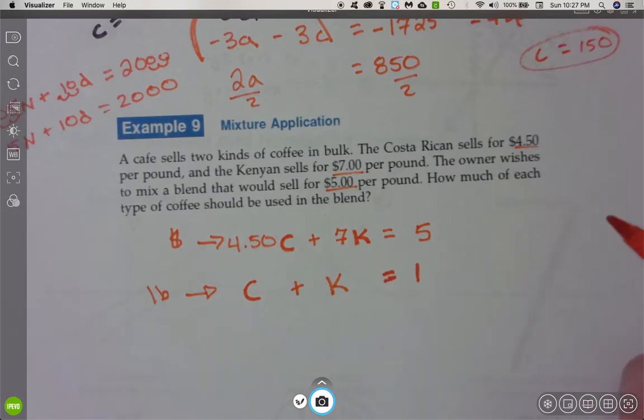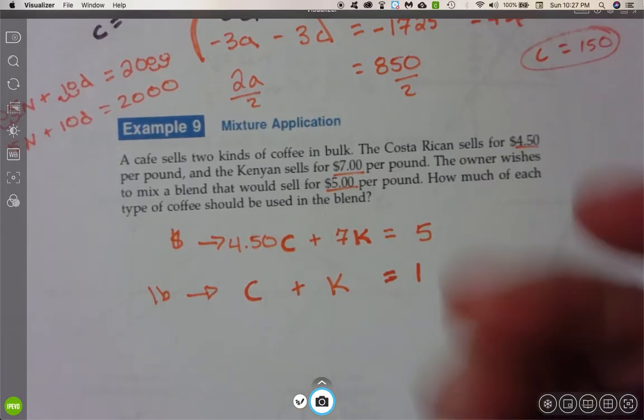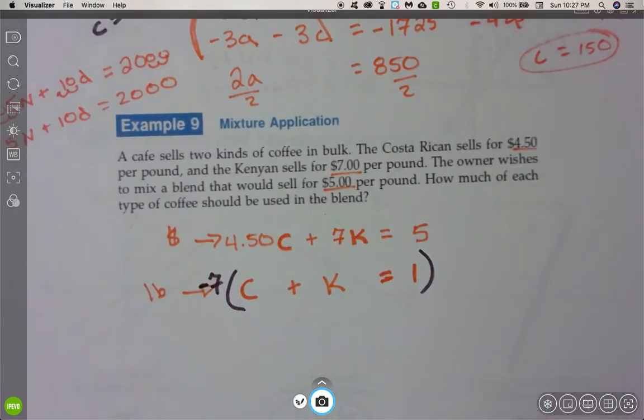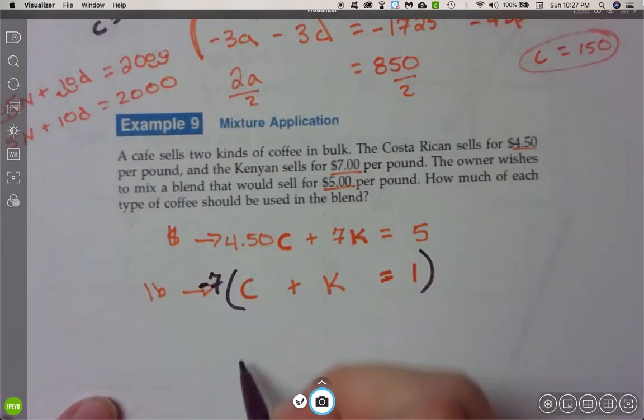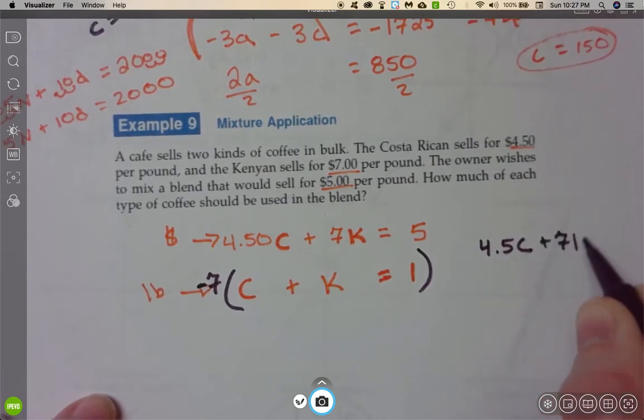All right, which variable do I want to eliminate? Let's go ahead and do 7 because I don't want to deal with fractions. So let's multiply this bottom guy by -7. Top equation: 4.5C plus 7K equals 5.